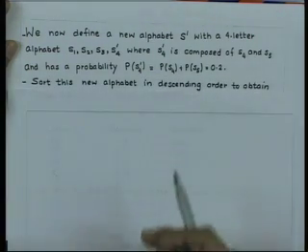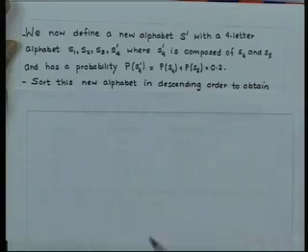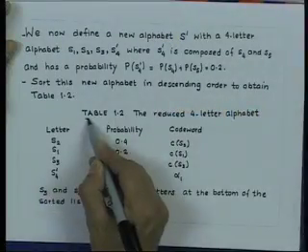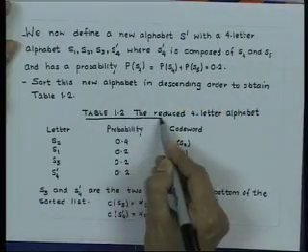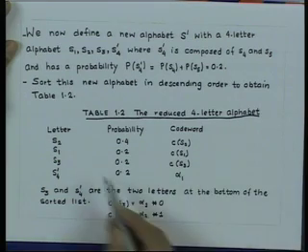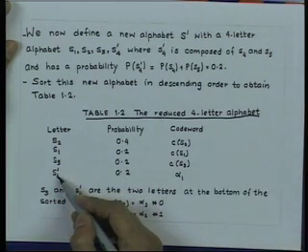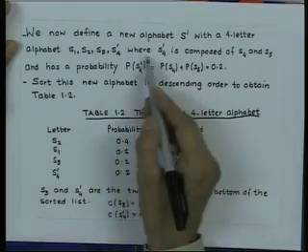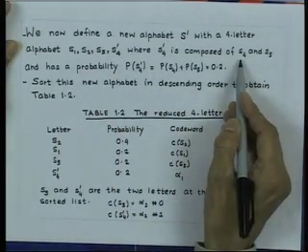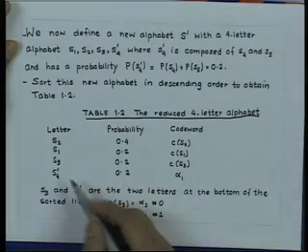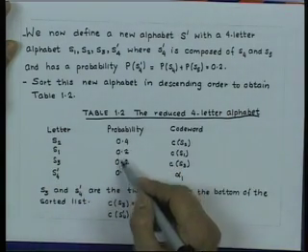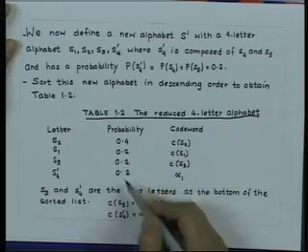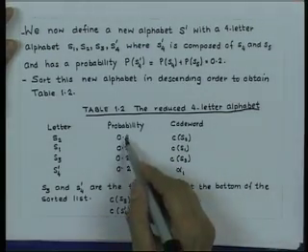Now once I get this new alphabet of reduced order, again you order it in descending order to obtain table 1.2. This is the reduced 4-letter alphabet which I have got now. It consists of S2, S1, S3, S4 dash. S4 dash consists of my two original source symbols S4 and S5, and again I order them in decreasing order of probabilities.